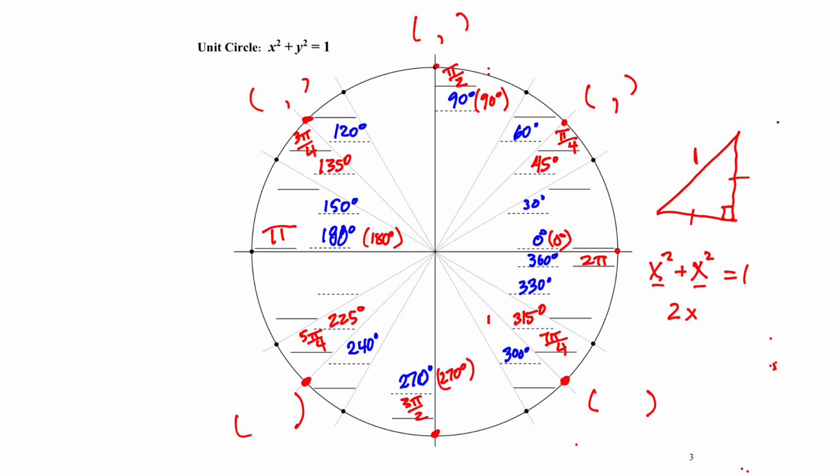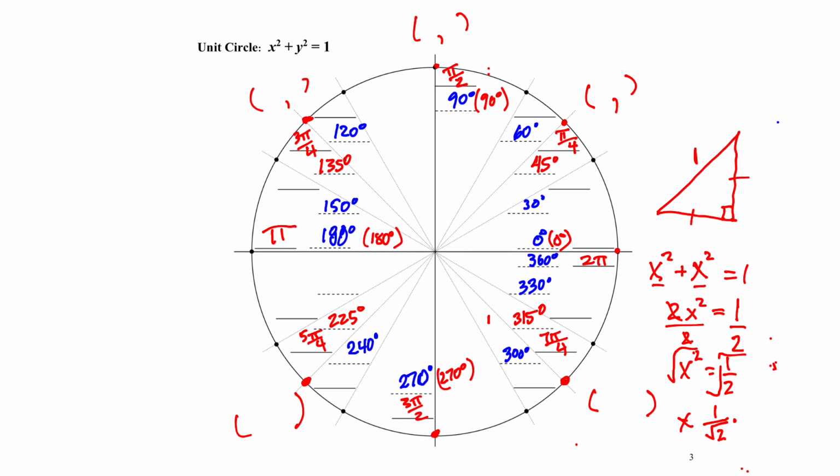That gives me 2x squared equal to 1. And then if we divide both sides by 2, the 2 cancels out over here, and I have x squared is equal to 1/2. And then taking the square root of both sides, that gives me x is equal to 1 over root 2. The square root of 1 is 1, but we still have this square root 2 on the bottom.